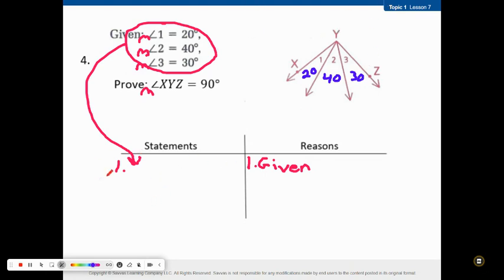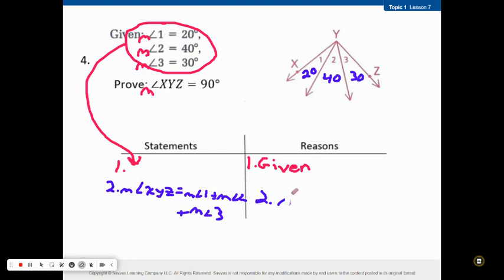So step 2 is going to be that the measure of angle XYZ is going to equal the measure of angle 1 plus the measure of angle 2 plus the measure of angle 3. And that is from the angle addition postulate. Again, I'm abbreviating, you should not.